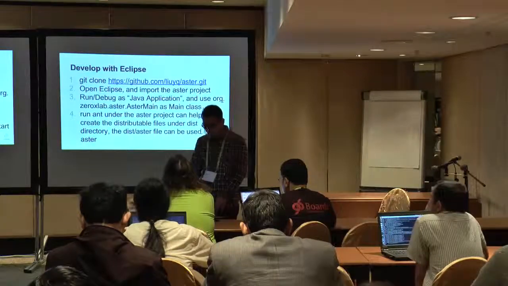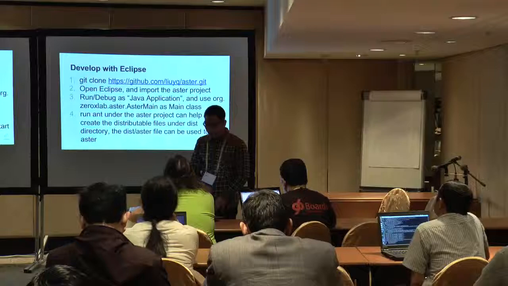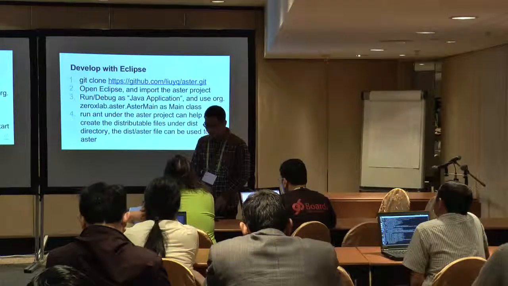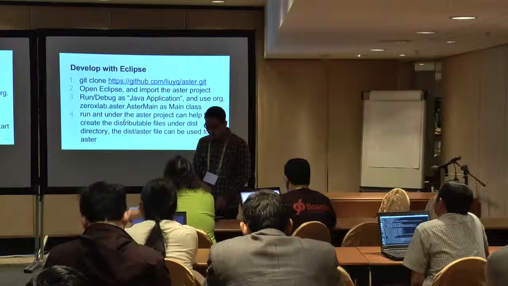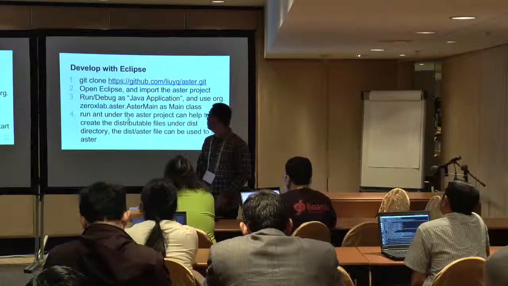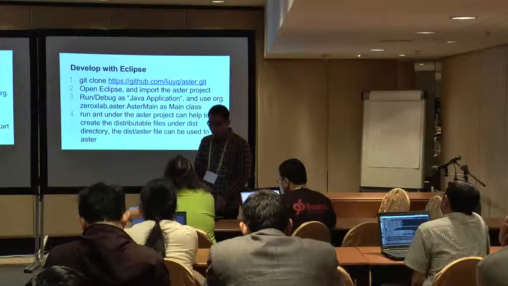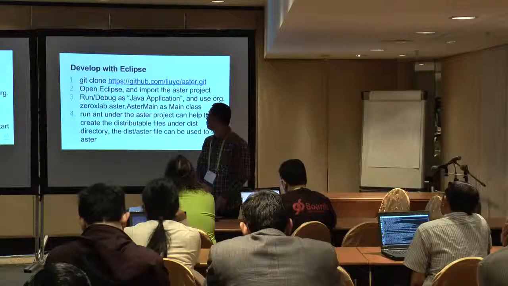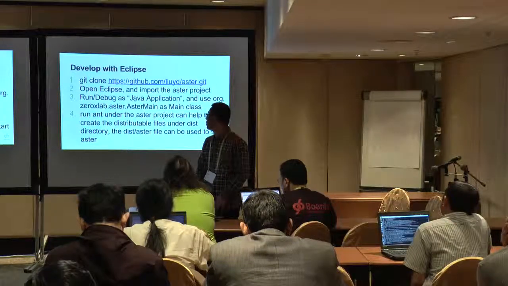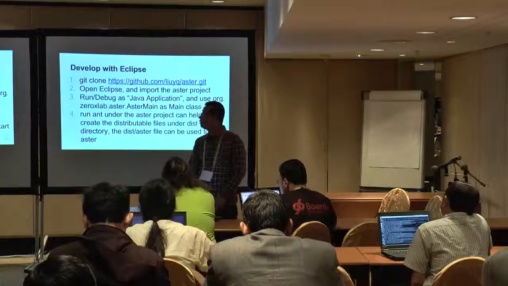Okay, following are some steps and information for development. First, to develop it with Eclipse, just git clone the repository and import the project. Then run or debug it as a Java application and use the Aster main class as the main class.